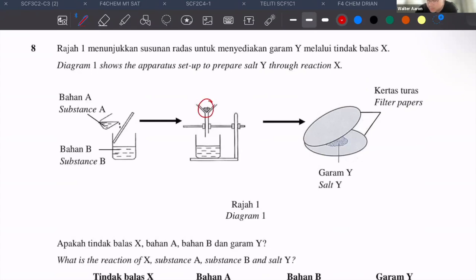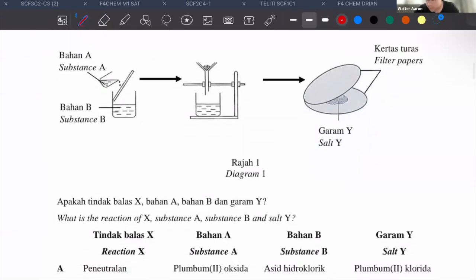Usually they will give you a more elaborated diagram, but this diagram is very simplified. There's no heating involved and no rinsing of the substance, so it's very hard to guess. But since there's no heating, most likely there will be no crystallization. So I will guess most likely this is precipitation, which is technically double decomposition to produce an insoluble salt.